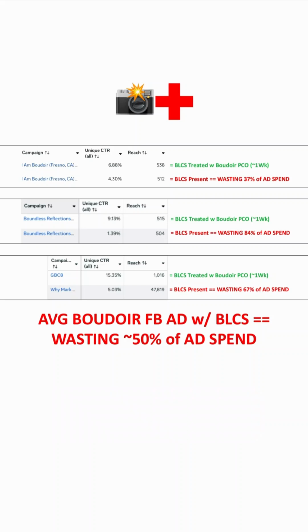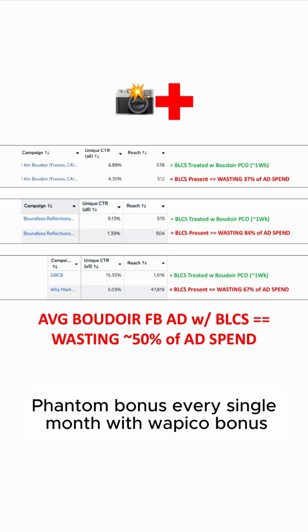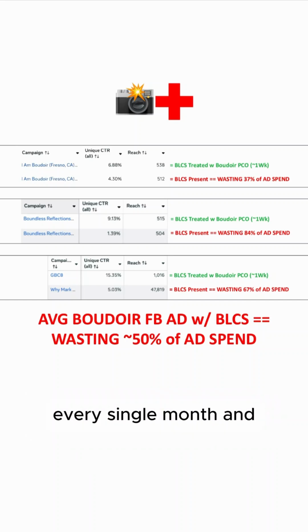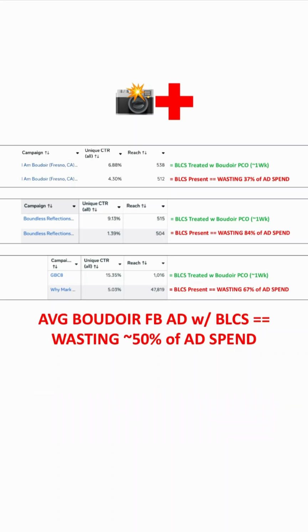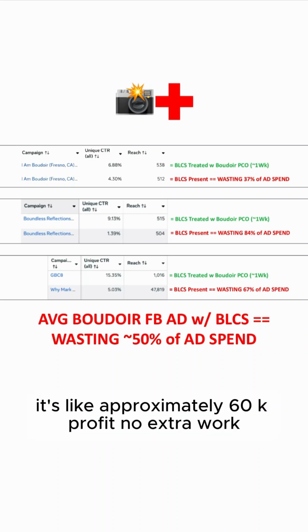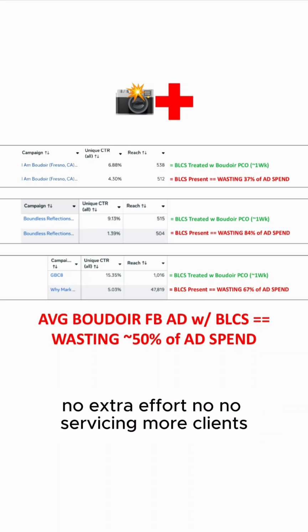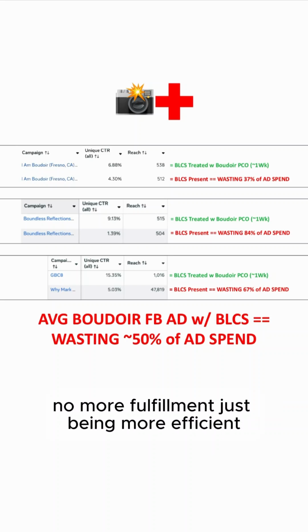So it's literally 5K phantom profit, phantom bonus every single month, Boudoir Pico bonus every single month. At the end of the year, it's like approximately a 60K profit. No extra work, no extra effort, no servicing more clients, no more fulfillment, just being more efficient.